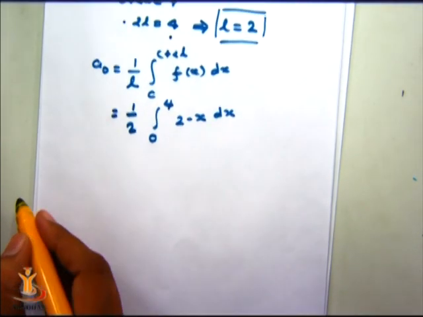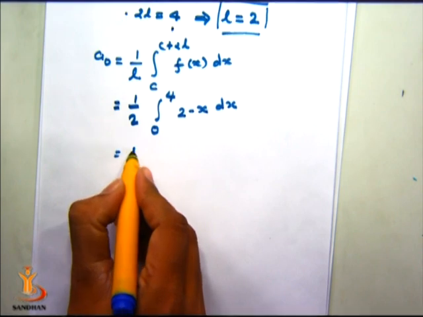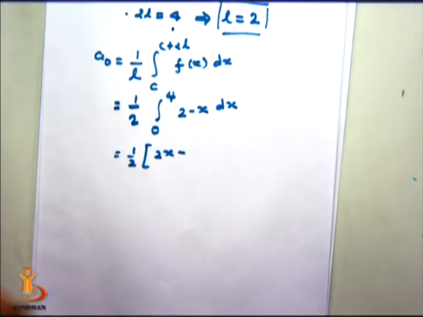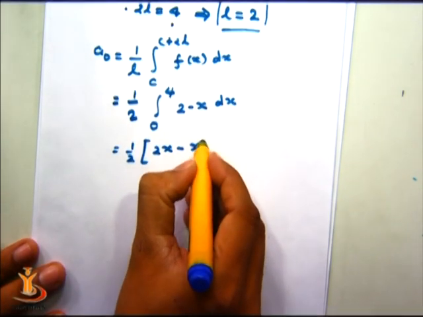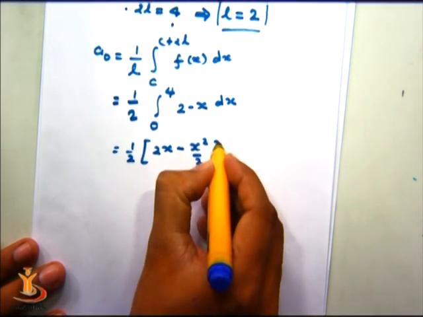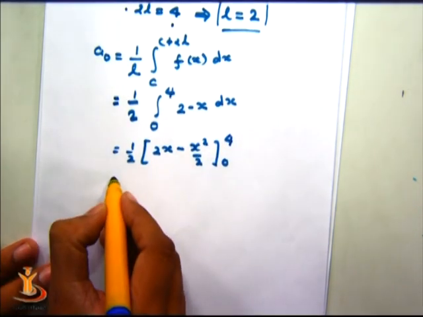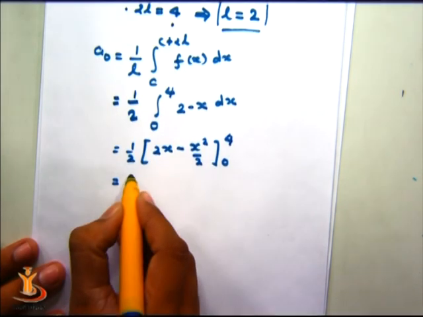So let's integrate this function. 2 is constant, so its integration is 2 into x minus x square by 2, limit 0 to 4.